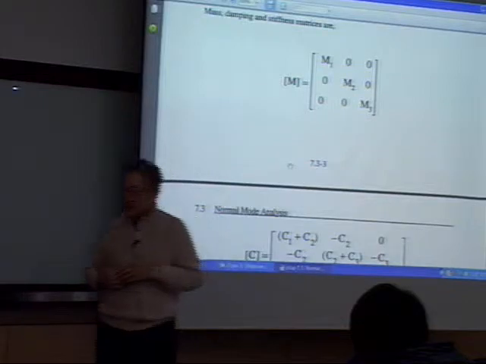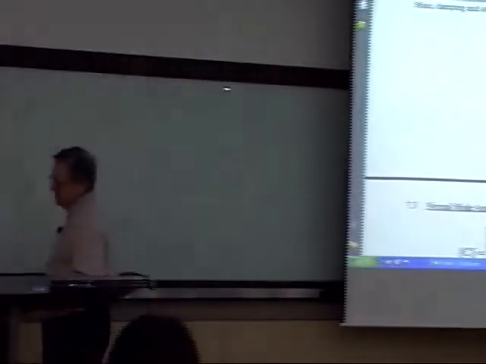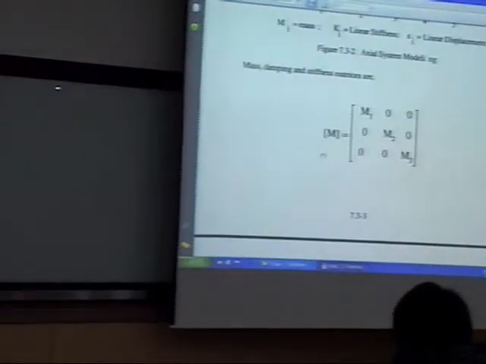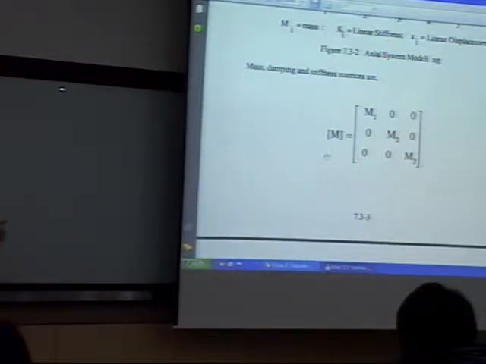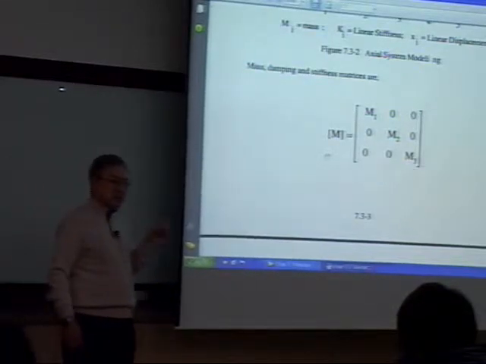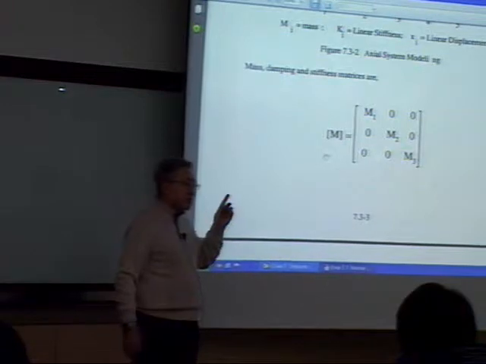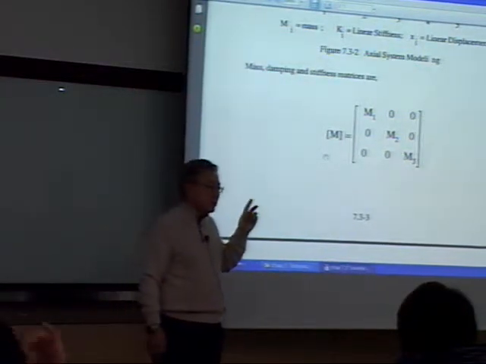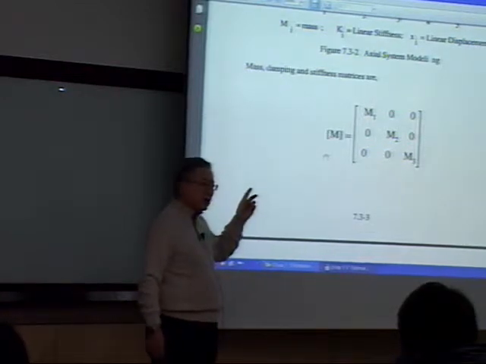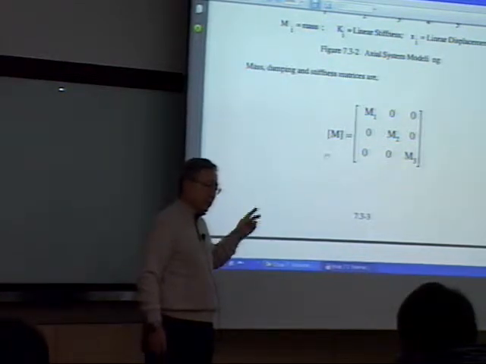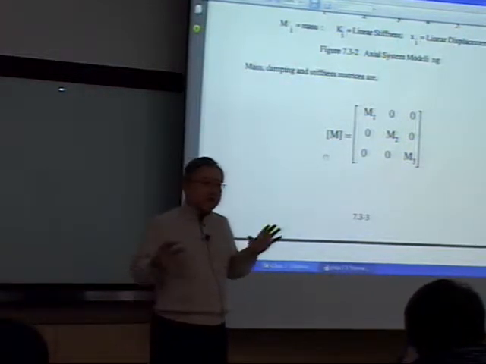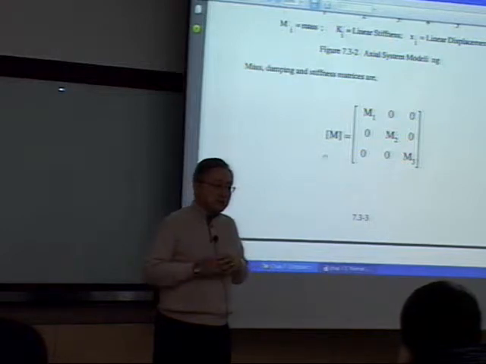That's the convenience. And this is a diagonal matrix, meaning there is no coupling here in the mass. This is a square matrix, in this case a 3 by 3 matrix. The off-diagonal terms are equal to 0, and there is no coupling between the coordinates.